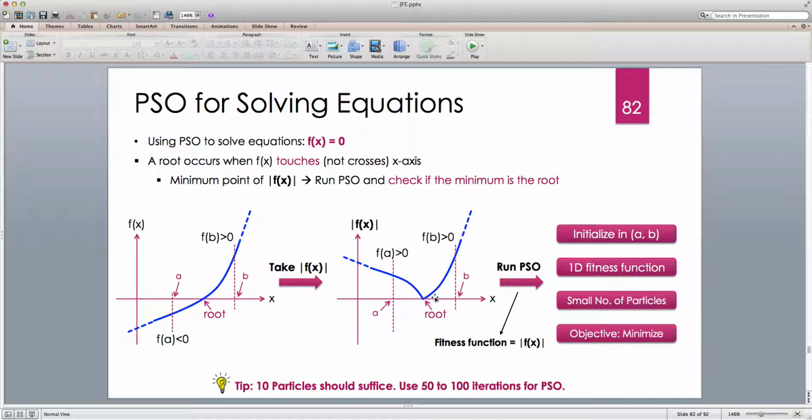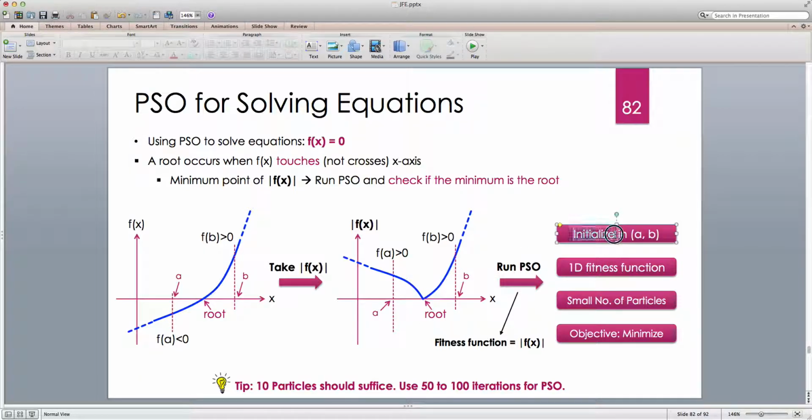What we care about is this observation that when we look at the absolute value of f of x, the root, if the root exists in this a and b interval, is actually the minimum of this function, absolute value of f of x. So that's a great observation, because now I reduce the problem of finding the root to a problem of finding the minimum of a function. And PSO is the fastest, or one of the great ways to find the minimum.